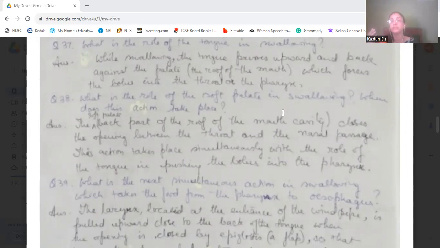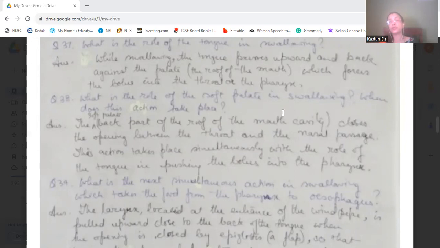The roof of the mouth is known as the palate. Against the roof of the mouth, the tongue presses upward and backward, which forces the bolus into the throat or the pharynx. The throat is also known as the pharynx, into which the bolus passes.